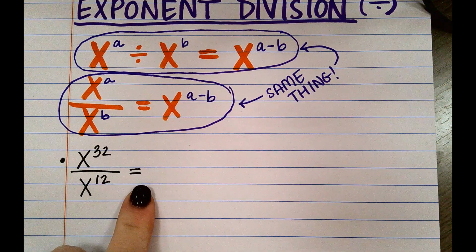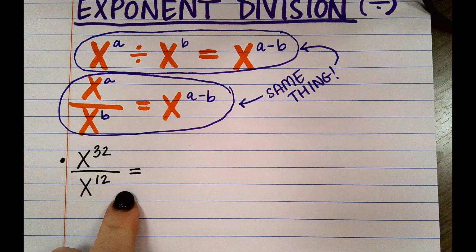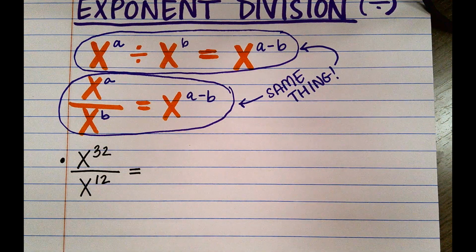Try to see if, without me running through this example, you can figure out what this answer would be. And once you think you have the answer, give me a thumbs up. And I want to wait till I see a bunch of them. Okay, good. I see a lot of us getting it.